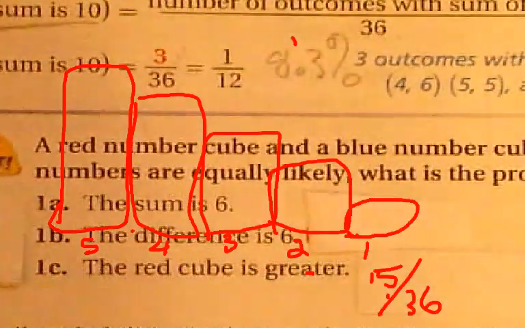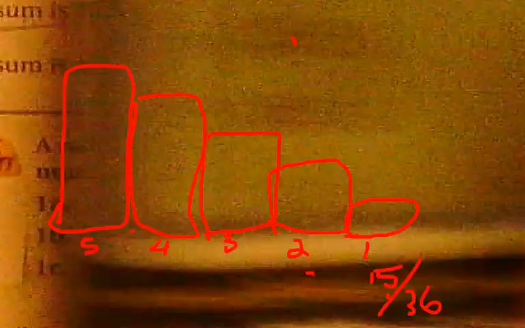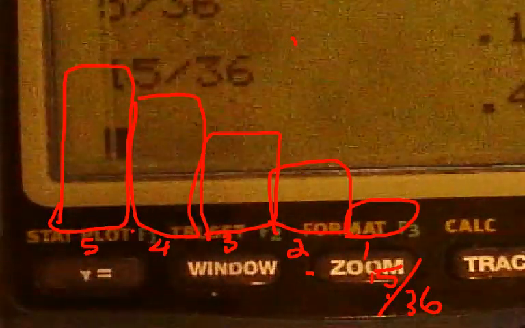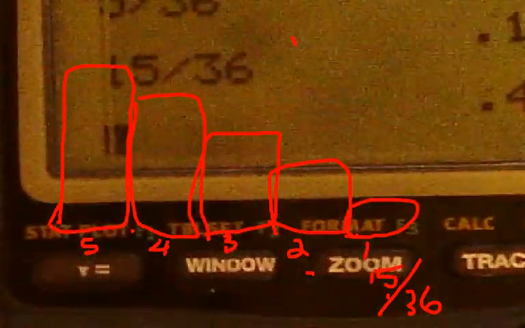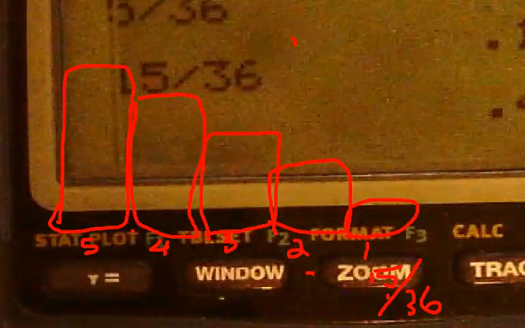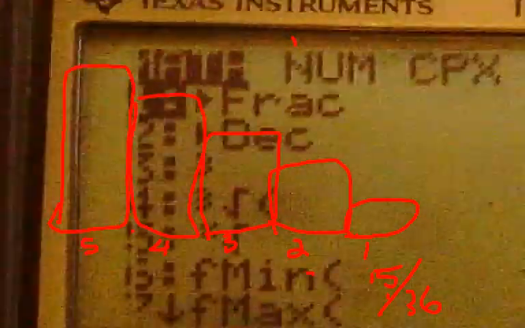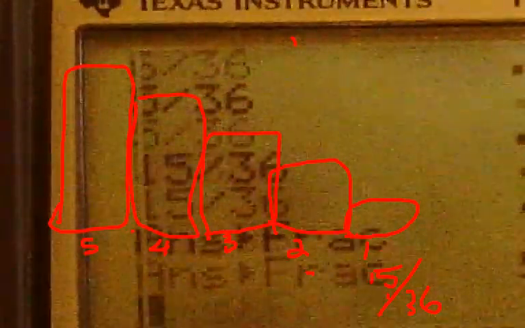What is that? First of all, you can't leave it a fraction if you can reduce. So let's see if we can reduce 15 divided by 36. Remember, if you type it in your calculator and you want to reduce, you just hit the math button. The top thing in the list is fraction, and it'll reduce your answer.